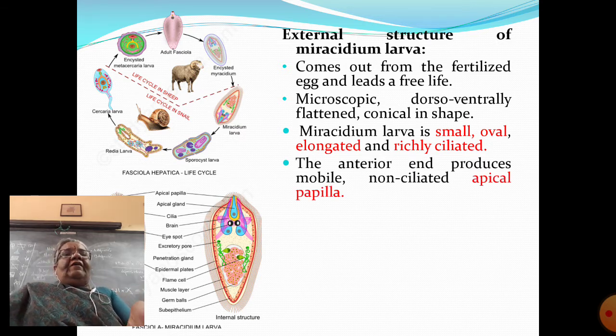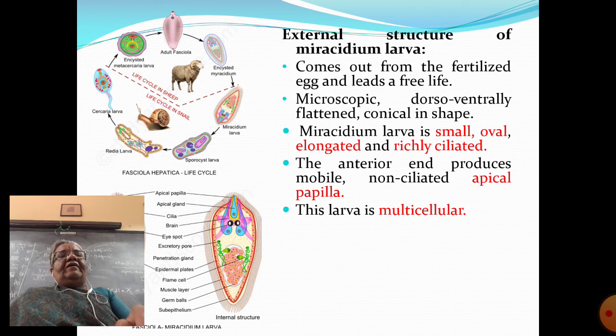Then the anterior end produces a mobile non-ciliated region, only that region is not ciliated, and that region is known as apical papilla. Okay, and in the anterior you find a mobile non-ciliated apical papilla, characteristic feature of Miracidium larva. Then this larva is multicellular, right?